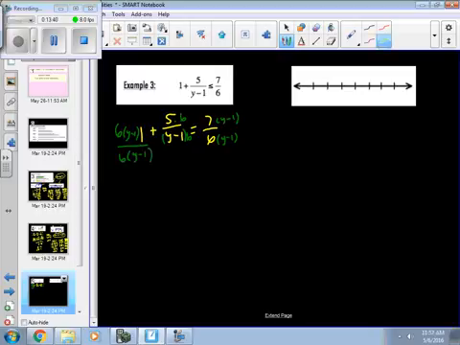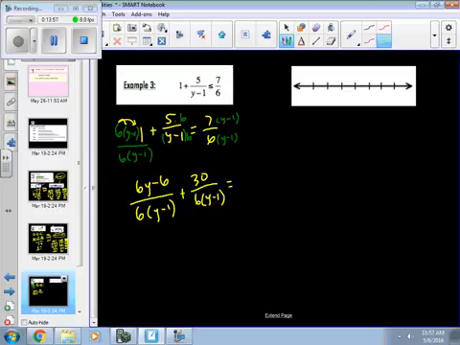All right, so let's do a little multiplying here. On this one, if we distribute, that's going to be 6y minus 6, plus 5 times 6 is going to be 30 over our common denominator, equals, and we'll distribute here. And our common denominator now, if we multiply that, would disappear.